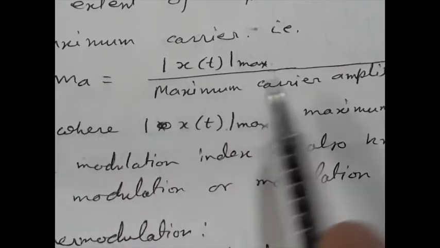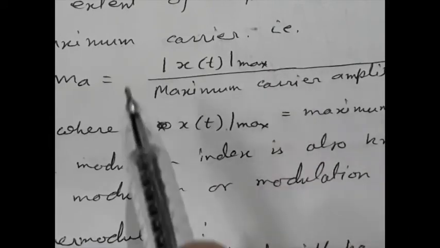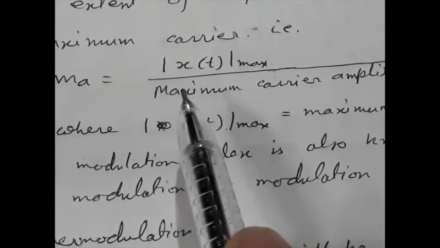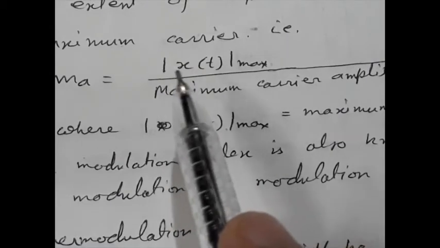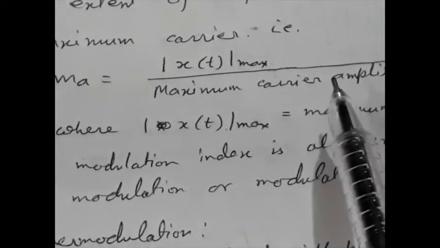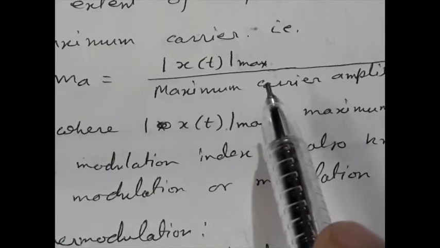Now we can multiply this expression by 100 to express this mu A in percentage. So most of the time for amplitude modulation, as long as x(t) max is made smaller than the carrier amplitude, the modulation index is less than 100%.